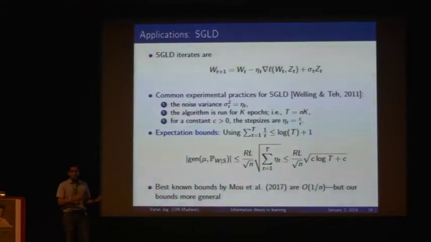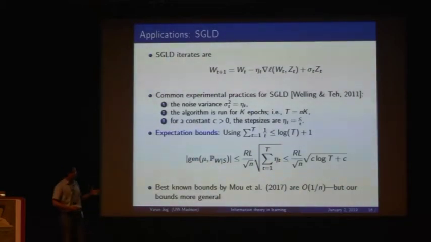For example, these bounds hold for your final output W being any function of your iterates. We don't really care what it looks like. But in proving these very general results, you often lose the tightness of the results. So here, the result by Mou et al. is for a specific formulation of the SGLD, and you can show stronger results for such specific formulations.